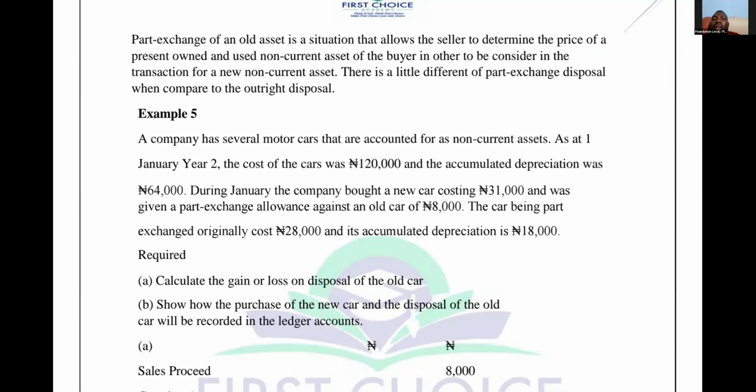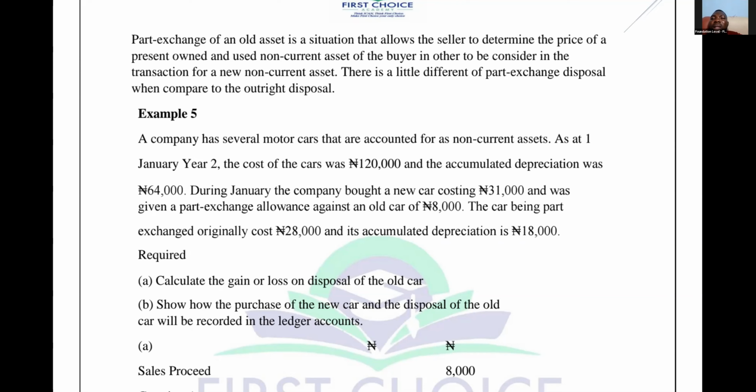Okay. Now let's look at example 5. A company has several motor cars that are accounted for as non-current assets. As at 1st January 2022, the cost of the cars was 120,000, and the accumulated depreciation was 64,000. During January, the company bought a new car costing 31,000 and was given a part exchange allowance against an old car of 8,000.